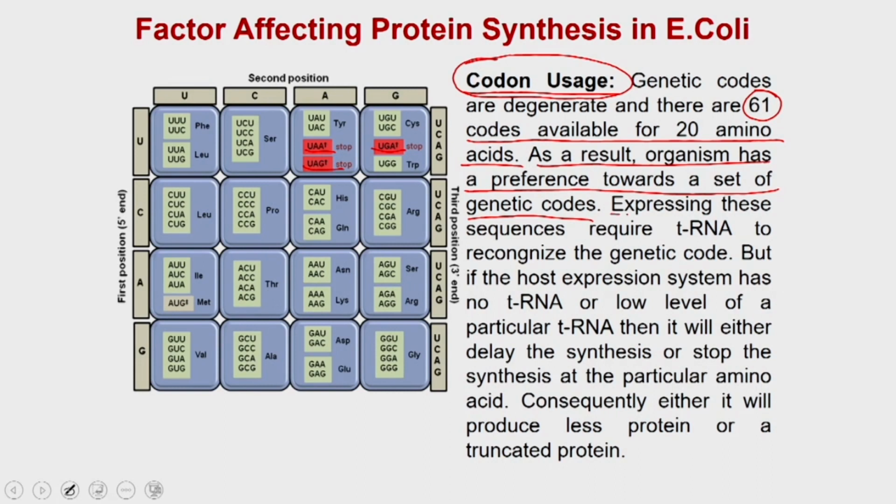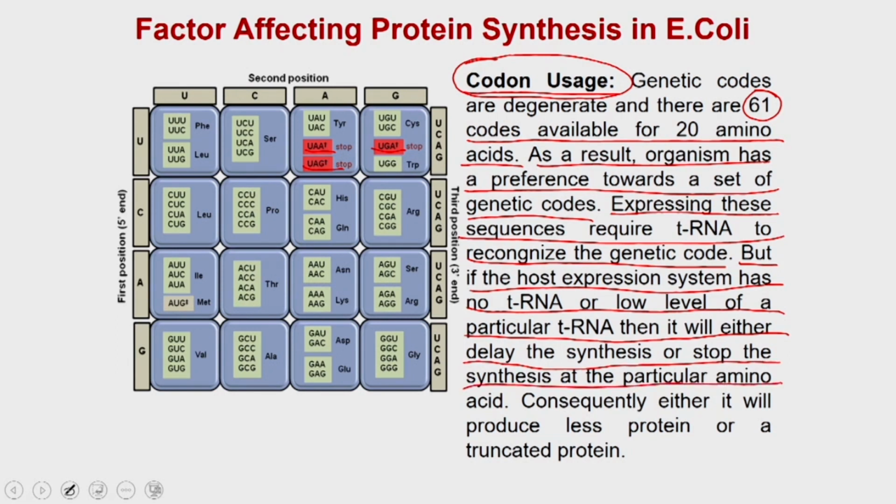So, expressing these sequences requires tRNA to recognize the genetic code, but if the host expression system does not have the tRNA, or has a low level of a particular tRNA, then it will either delay the synthesis or it will stop the synthesis at a particular amino acid.